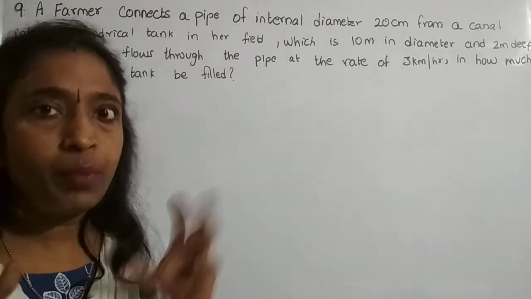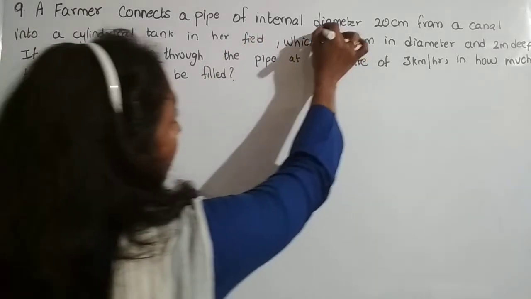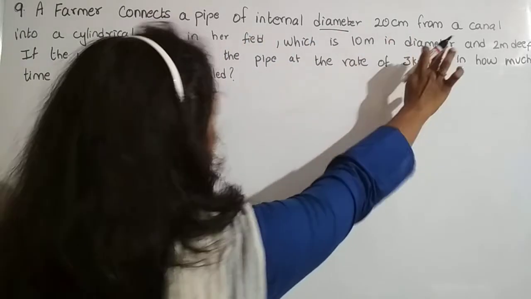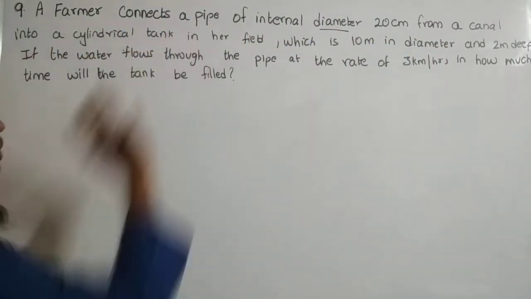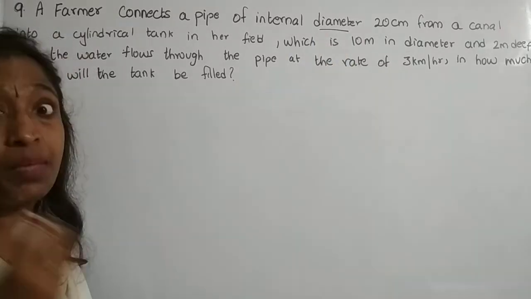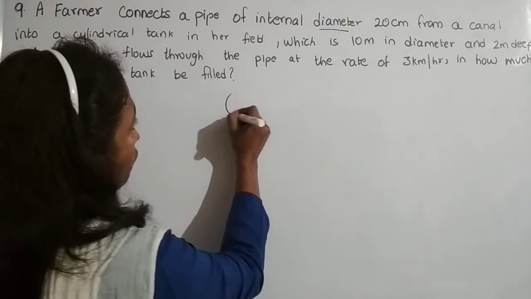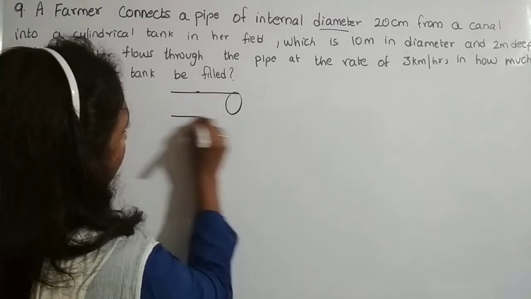So let's try to interpret the figure so that it's very clear. A farmer is connecting a pipe of diameter 20 centimeter from a canal into a cylindrical tank in a field. So here we find the diameter is given, it's a pipe. A pipe is usually the shape of a cylinder and the diameter is given, so there is a cylindrical pipe.